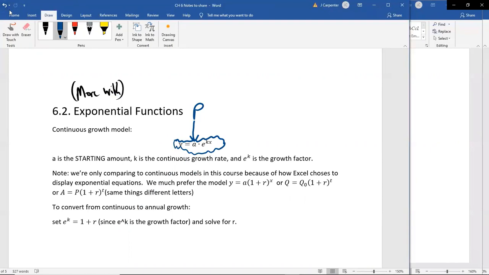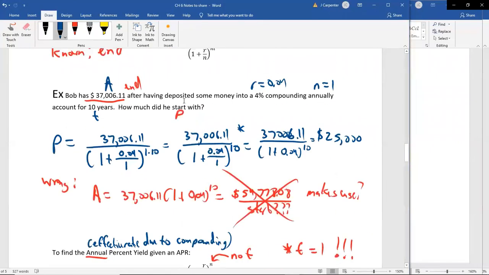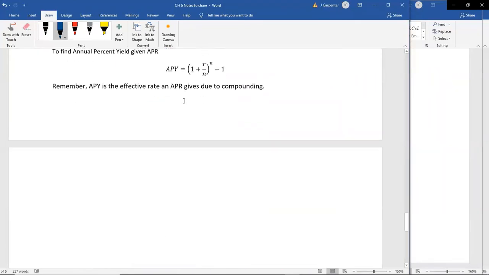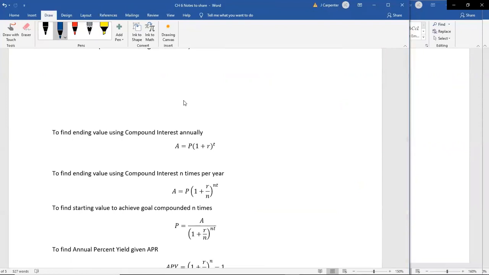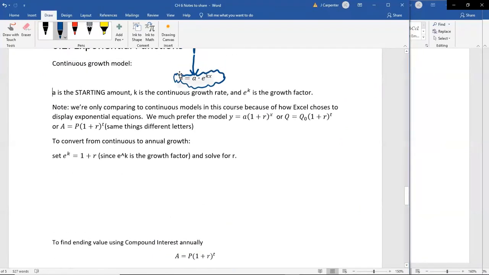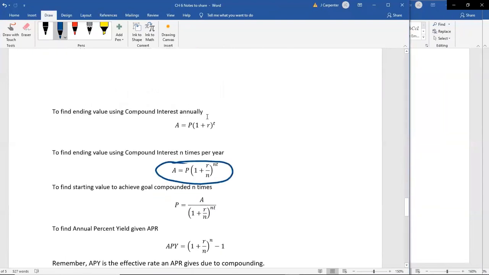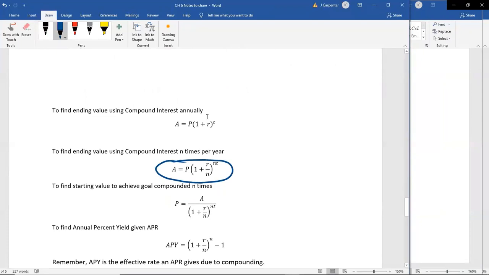But this thing right here, actually I'll scroll up to the formula sheet, is the same thing as this right here. So again, this y equals a times e, whatever that is, to the kx, is literally the exact same thing as this right here.